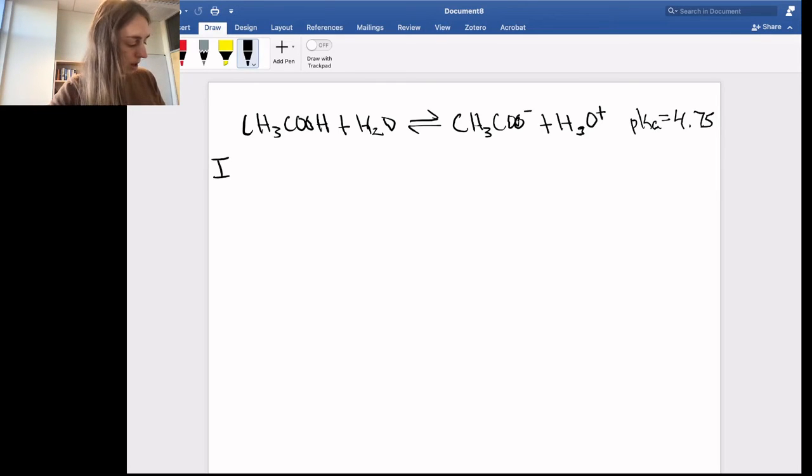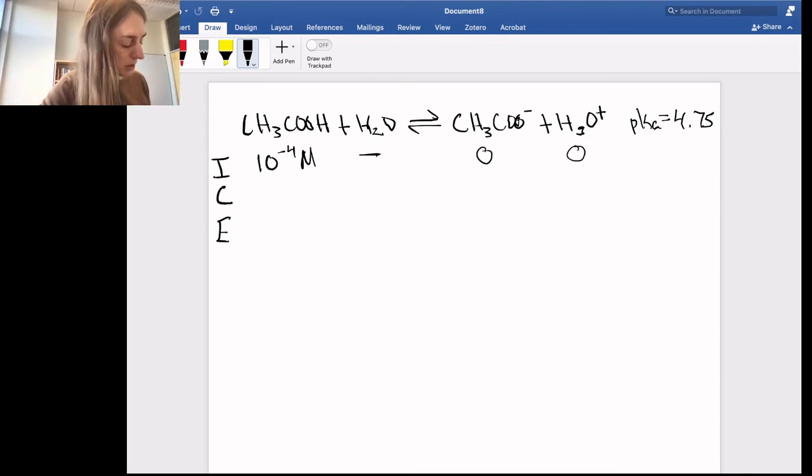So using our ICE tables here, we started out with 10 to the minus 4th moles per liter, so molar. We again don't have to worry about our water. We're assuming that the acetic acid was added to pure water, so our initial concentrations of each of these products is 0.